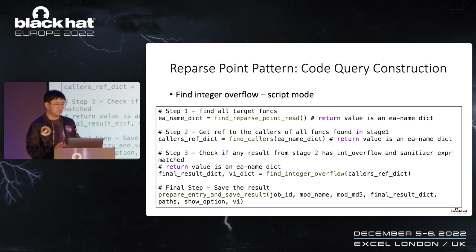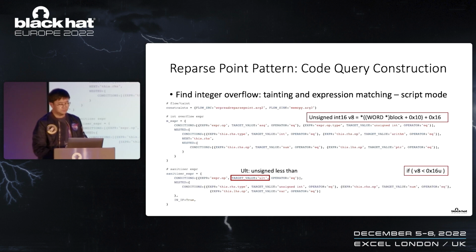After that, in the second step, we'll find all the callers of the reparse point read function. And in the third step, we'll find the integer overflow in all the callers with our customized expression matching mechanism. Here are the details of the expression matching mechanism.